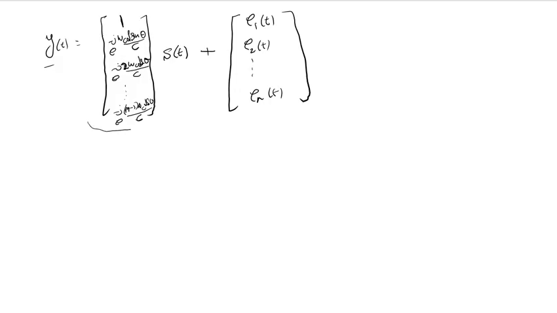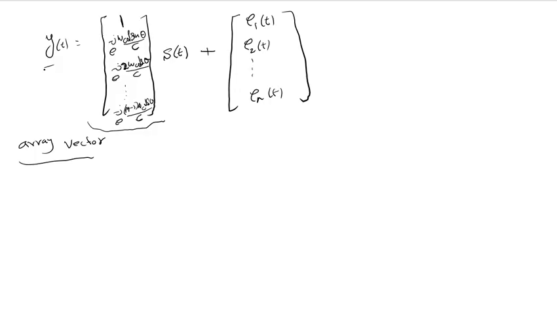Let's talk about this vector. We call it the array vector or steering vector, which is highly important in array processing.